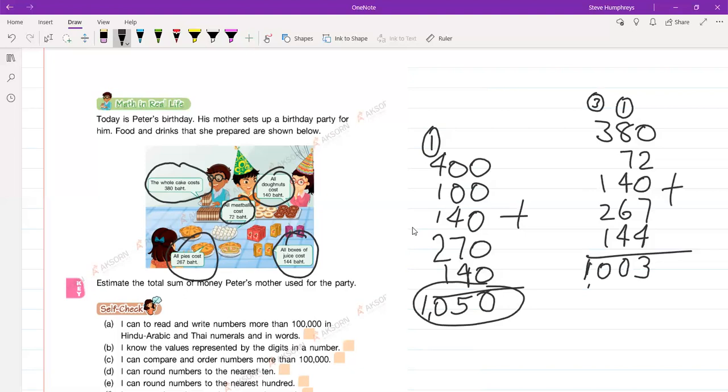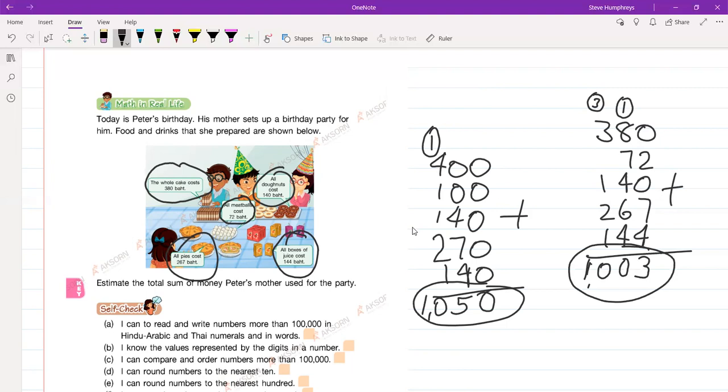Okay, the actual amount was 1,003 baht. So my estimated answer, 1,050, is a reasonable answer. It's not too far away. 47 baht difference.